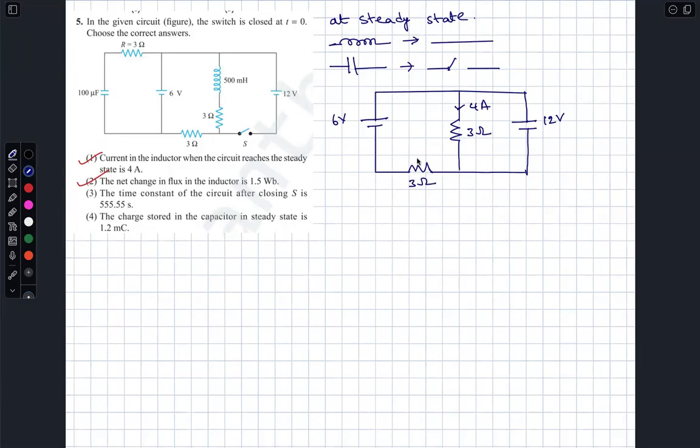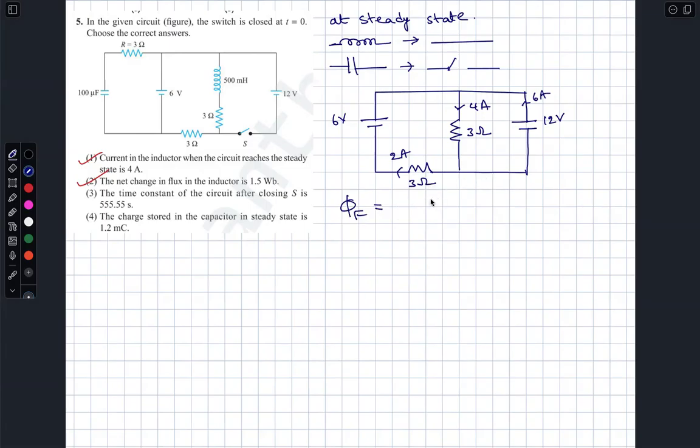Now this should be another 6 volt. A 2 ampere goes through this. From the battery, 6 amps will pass through. So I've done the first part. The net change in flux in the inductor is, what is the final flux? What is the final flux?